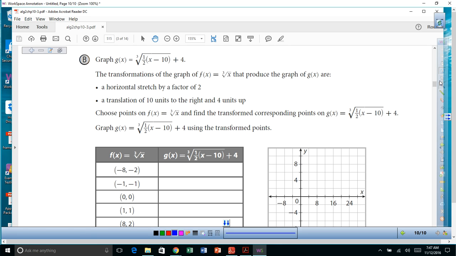Choose points on f of x equals the cube root of x and find the transformed corresponding points on g of x. Then graph g of x using the transformed points.